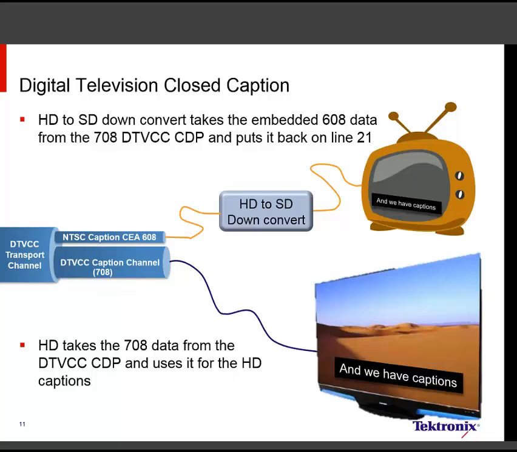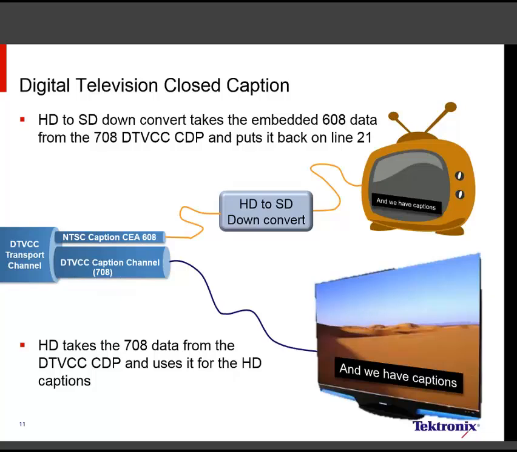If we have a down convert from HD to SD, either, say, grandma in her little $50 set-top box or at a cable venue that is providing a SD tier, they didn't want to put the onus on the down converter or the set-top box to have to try to parse the 708 captions and try to make 608 out of something that looks completely different than the 608 payload.